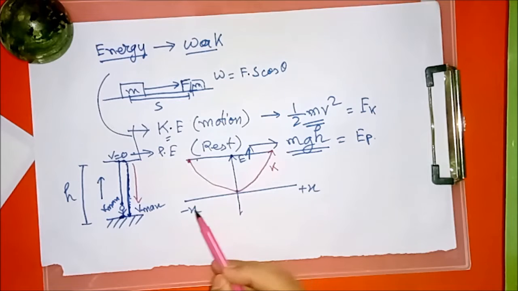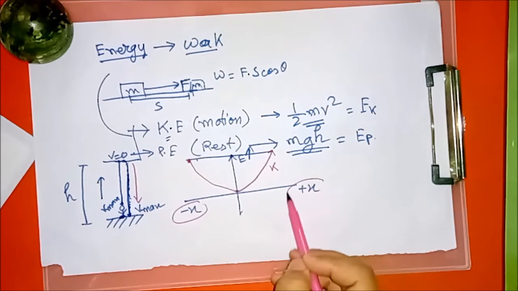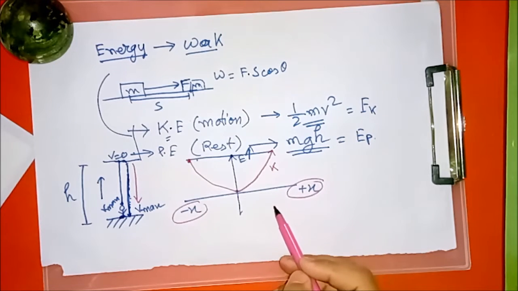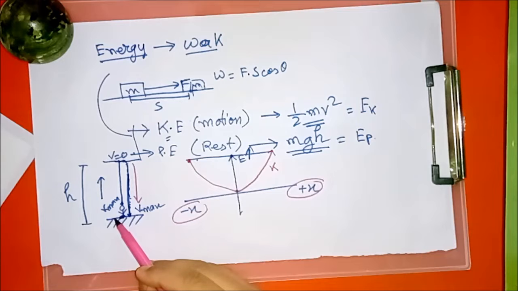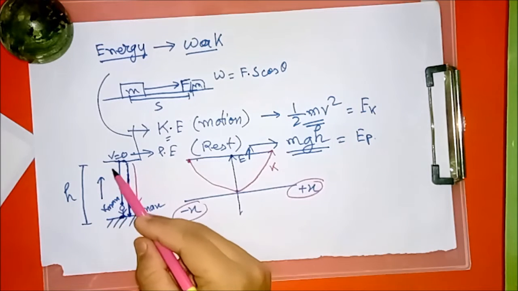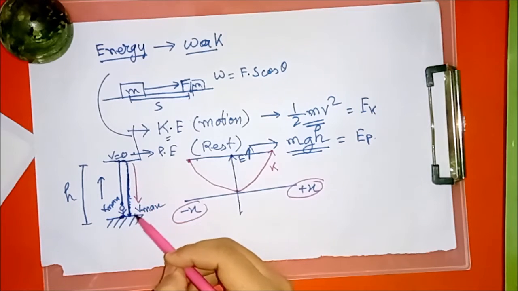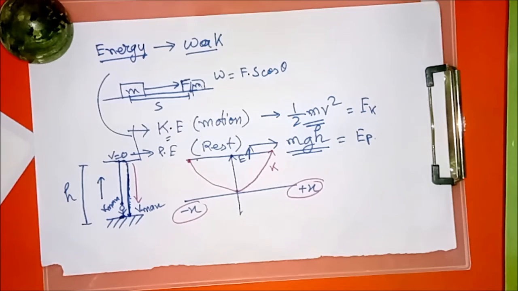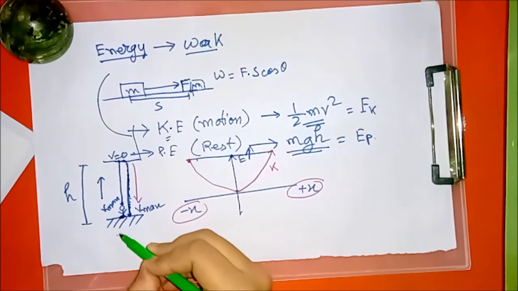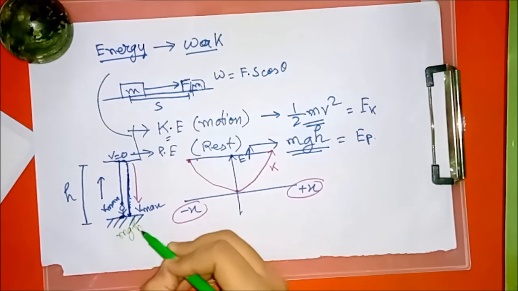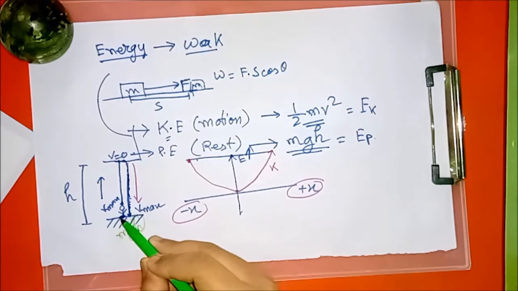We may have a doubt about this minus x and plus x. These are basically our Cartesian axes, and x refers to displacement here. As this is our reference point, it goes from minus to 0, and again to plus. Further, for the potential energy, at ground level, as it is mgh and h is 0, the potential energy is 0.